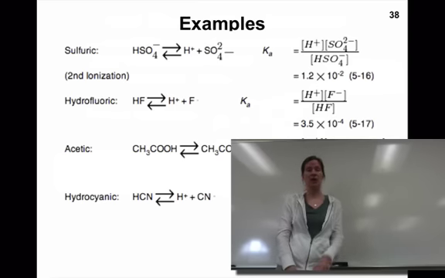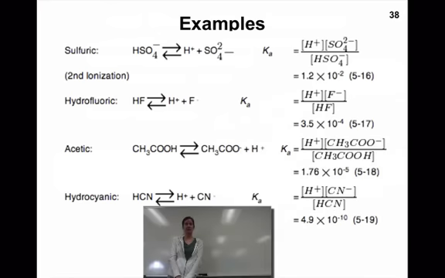On the screen now you have examples of specific dissociation equations for different weak acids. You can do this for strong acids too, but these are specifically for weak acids. Let's look at one of the specific examples.